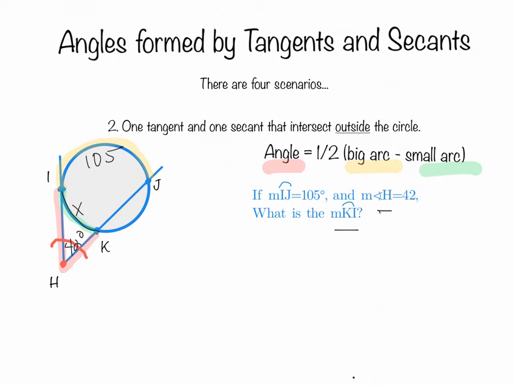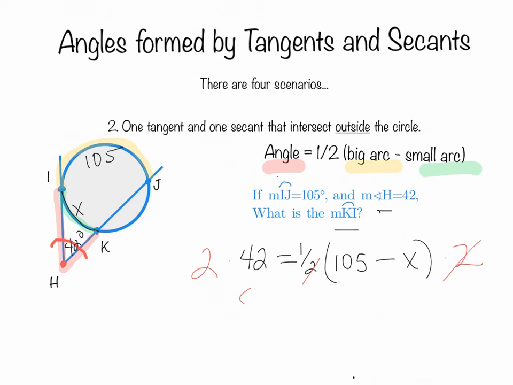All right, so we're going to fill out the formula. We have our angle is 42 degrees, and that is equal to half of the big arc, which is 105, minus our small arc, and our small arc is our X. To solve for X, I want to go ahead and multiply both sides by 2, because that way I can get rid of my fraction.